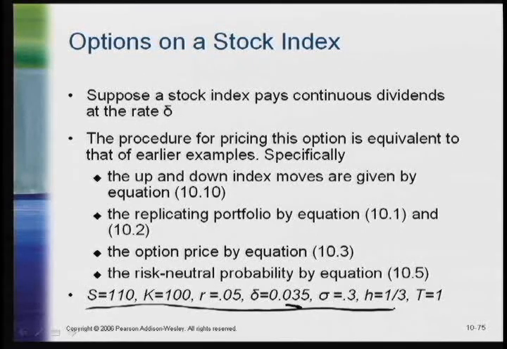We're going to split the year up into 1/3 periods and have a maturity of 1. So we'll have a 3-step binomial lattice with a risk-free rate of 5% and a volatility of 30%. We'll have a strike of 100, and the initial stock is worth 110.